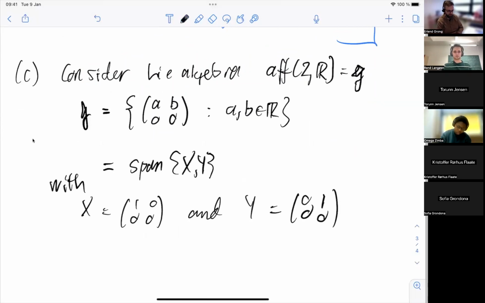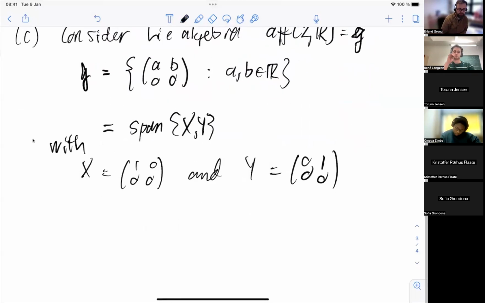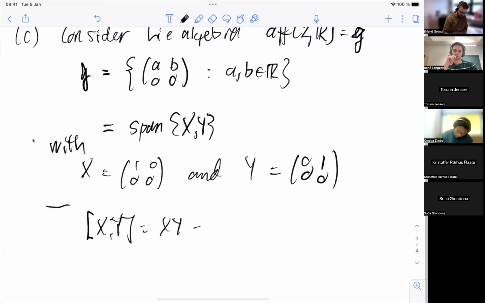And for those of you who've done the exercise on this, you know that there are not that many options when it comes to two-dimensional Lie algebras. So if we take the brackets of these two matrices, compute them, it's xy minus yx. The result is that we get y.